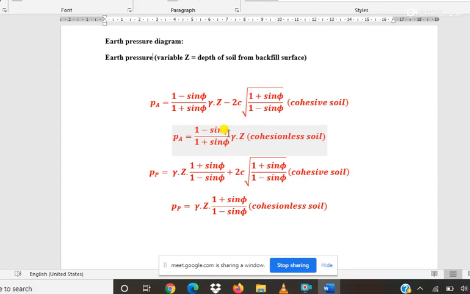That means the angle of internal friction of the soil will be given, and the unit weight of the soil will be given. The only variable here is z. That means one constant, may be a, b, c, multiplied by z, and this z is the depth of soil from the backfill surface.